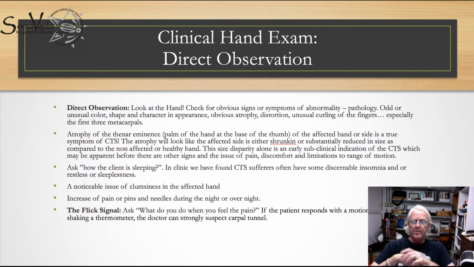In clinic, we found CTS sufferers often have some discernible insomnia or restlessness or sleeplessness. Now, there's a couple of different schools of thought regarding this. One is that improper sleeping mechanics, as in sleeping on your side with your arm up over your head at night, impinges the brachial plexus and reduces innervation and blood supply to the hand.